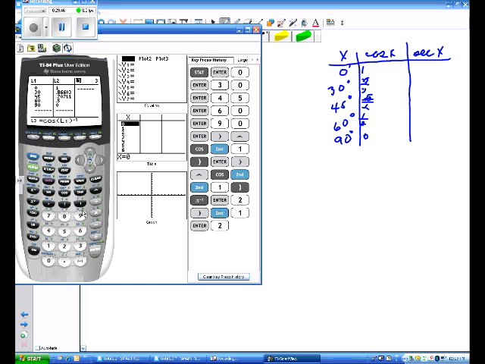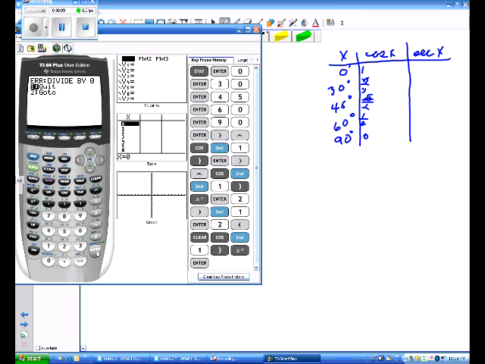Maybe not. Cosine of L1 reciprocal. Okay, let me just start over. I want the cosine of L1, close my parentheses, and then I want my reciprocal.